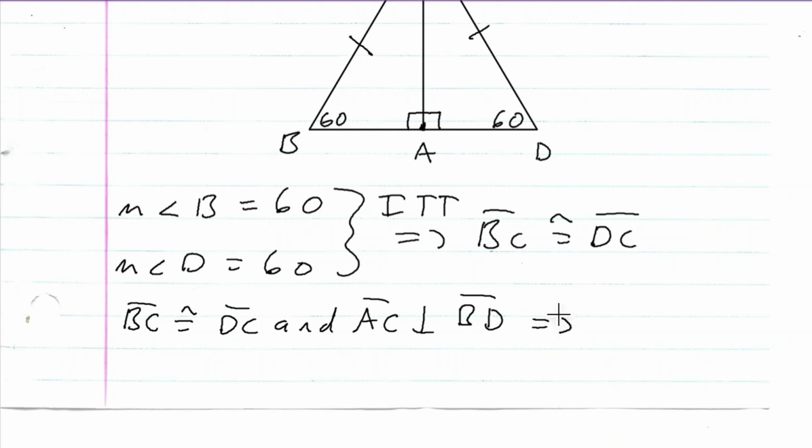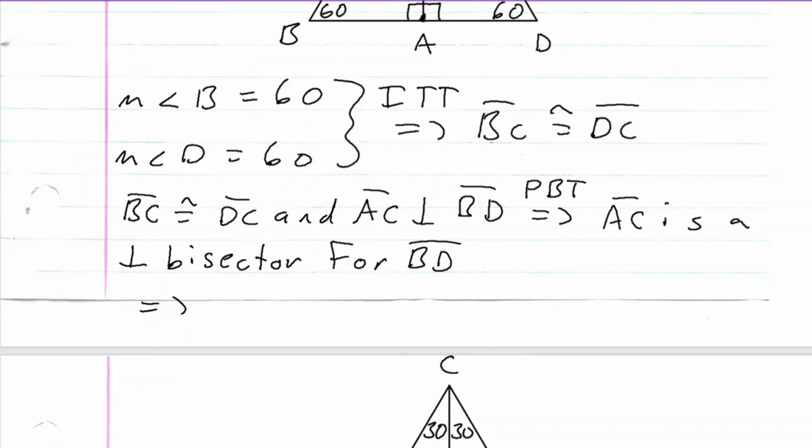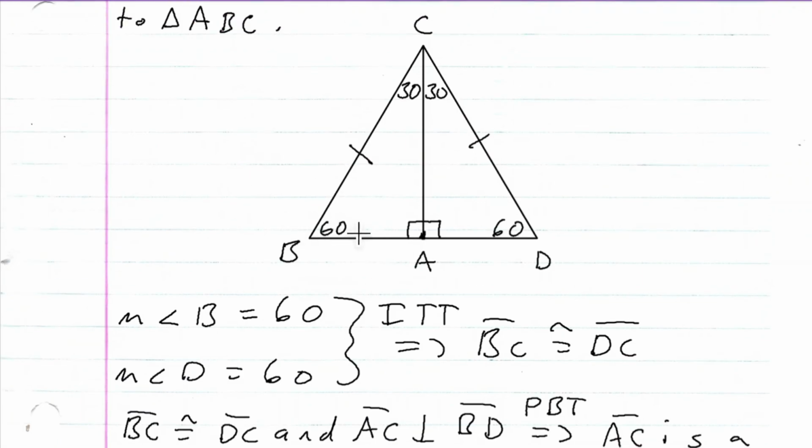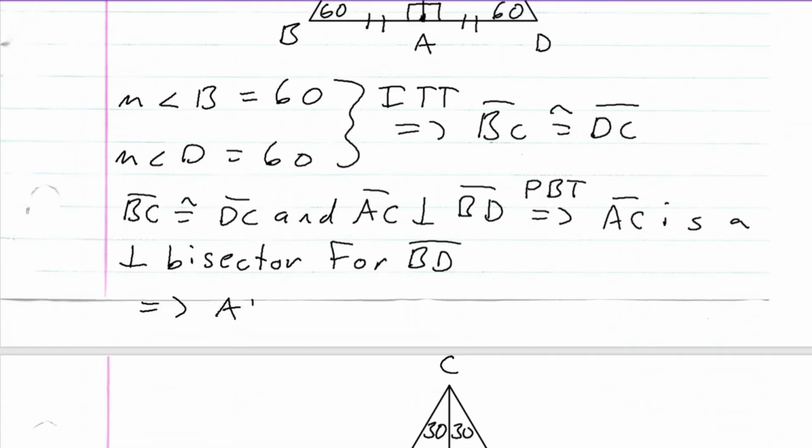So this implies by the perpendicular bisector theorem that AC is a perpendicular bisector for BD, right? So, of course, this means if it's a bisector, that means AB is congruent to AD, right? Okay, so this means that AB is congruent to AD.